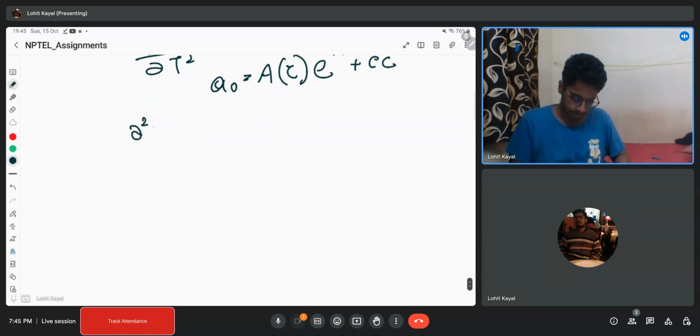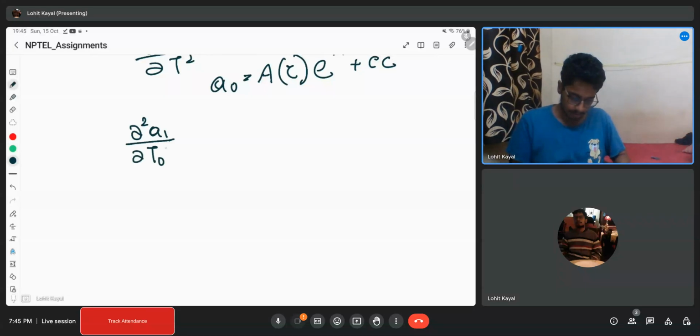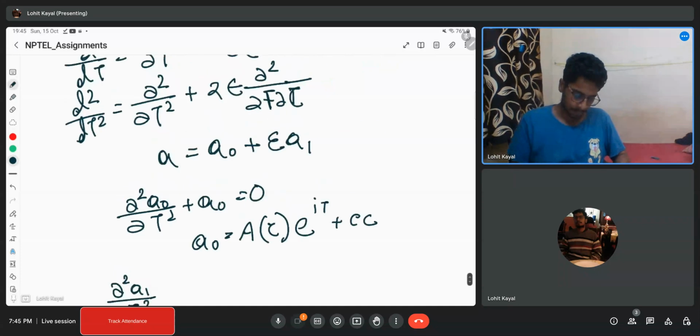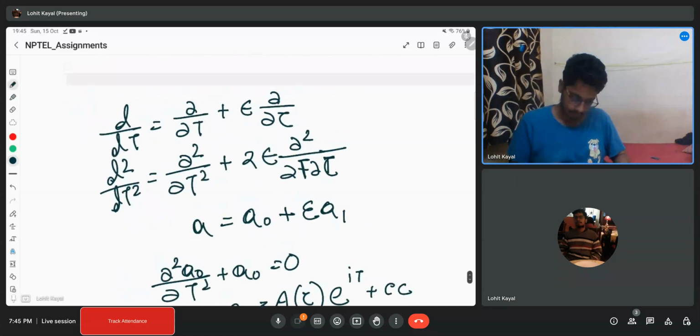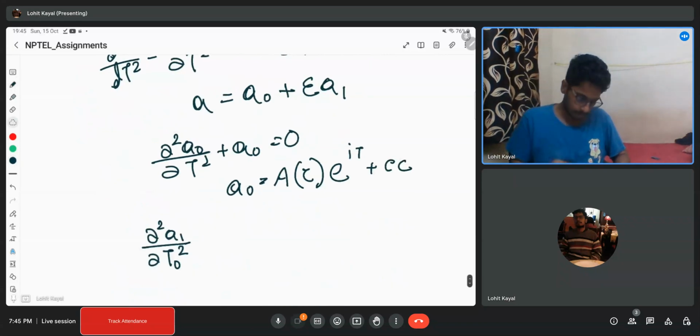The equation will be del square a1 by del T0 square. Okay, so let us first do it like this.